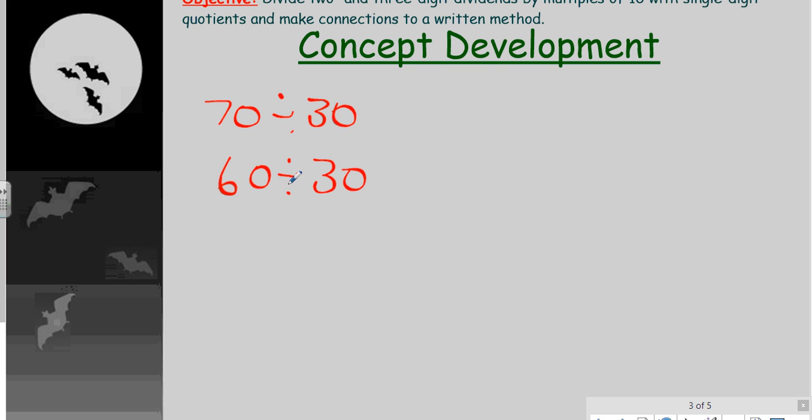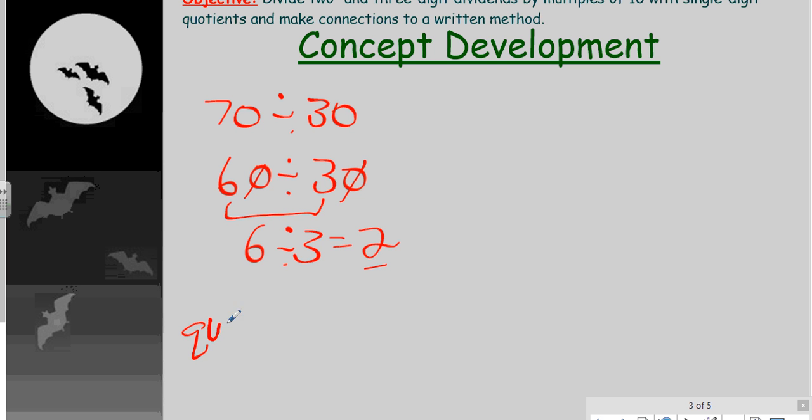Now what's nice is these are both powers of 10. So this is really taking the simple facts. It's just 6 divided by 3, because you divide each one by a power of 10. All you have is 6 divided by 3, which is 2. At least I hope it's 2. So this is basically what we're saying in our estimated quotient.